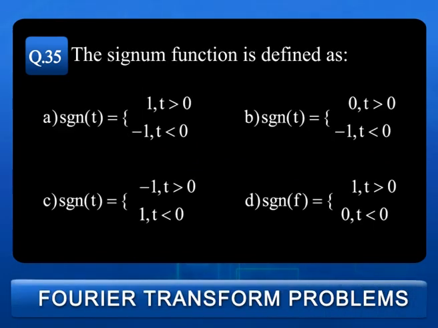Next question. The signum function is defined as: A, signum of t is equal to 1 when t is greater than 0, minus 1 when t is less than 0; B, signum of t is equal to 0 when t is greater than 0, minus 1 when t is less than 0; C, signum of t is equal to minus 1 when t is greater than 0 and 1 when t is less than 0; D, 1 for t greater than 0 and 0 for t less than 0.